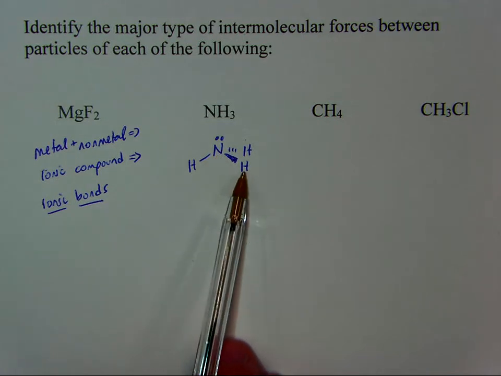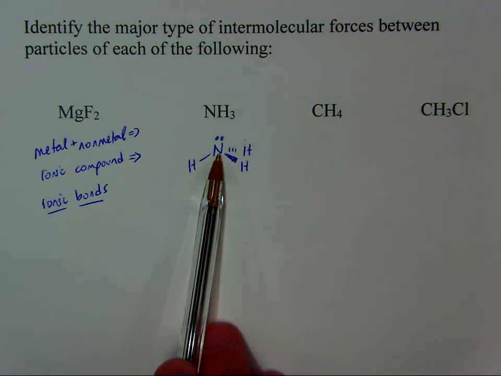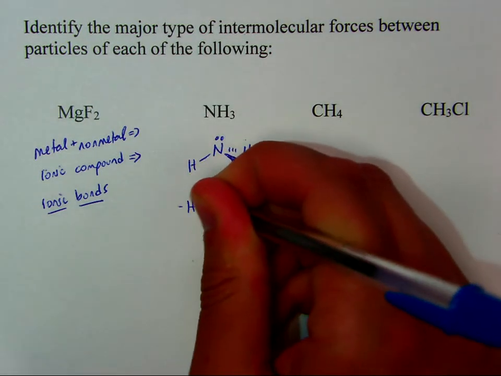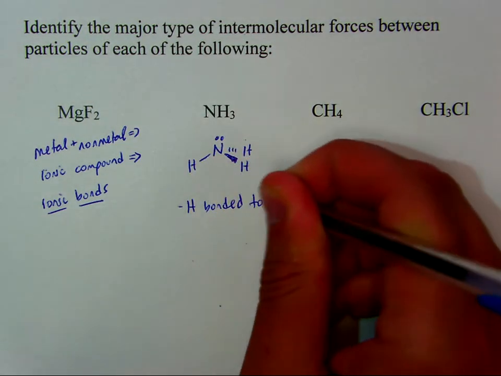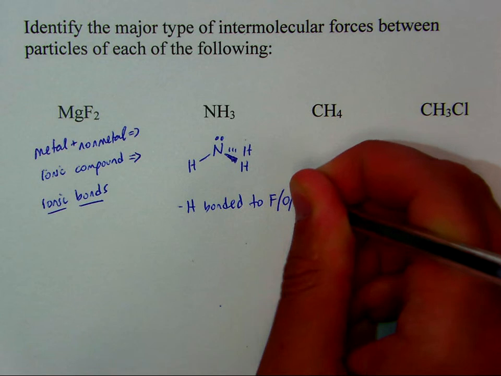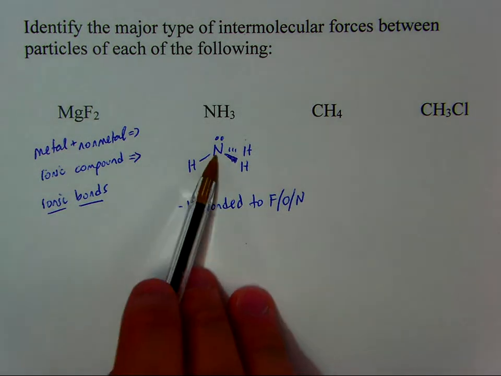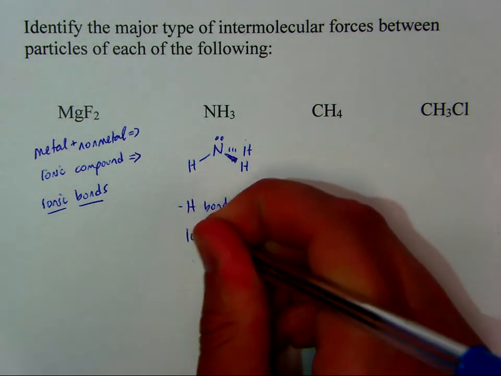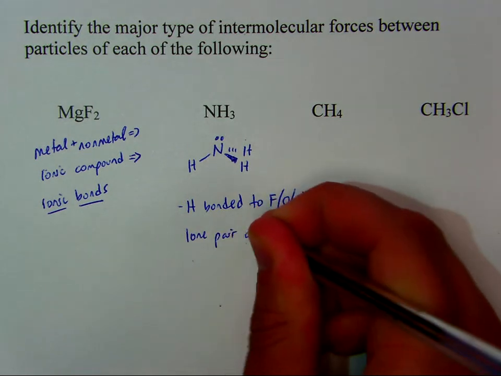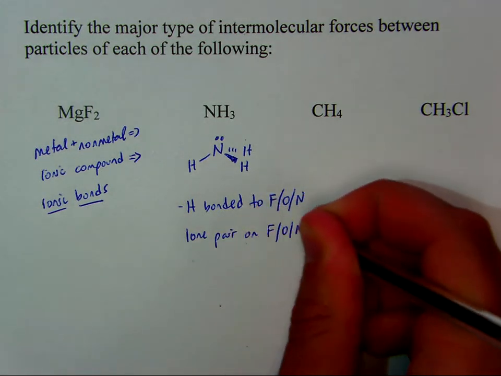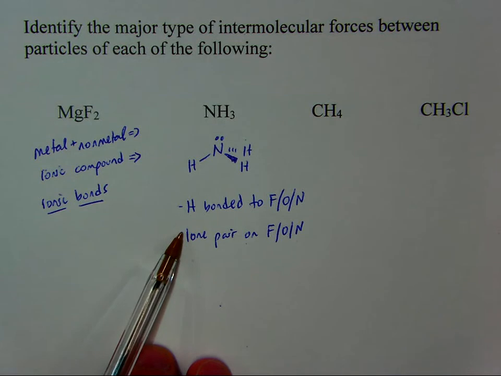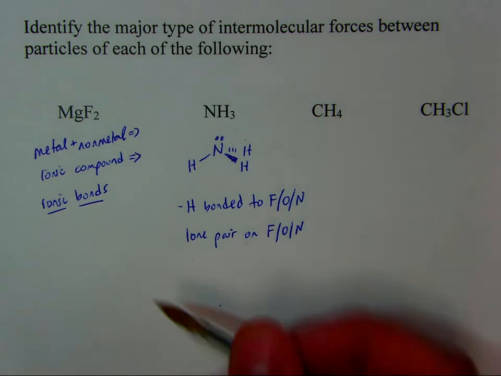Notice here I've got hydrogen that's directly bonded to F, O, or N. In this case it's N. So I have H bonded to one of those three. And I also have a lone pair on F, O, or N right here. It's a lone pair on N. If I have these two criteria, I result in a special type of strong dipole-dipole attraction called hydrogen bonding.